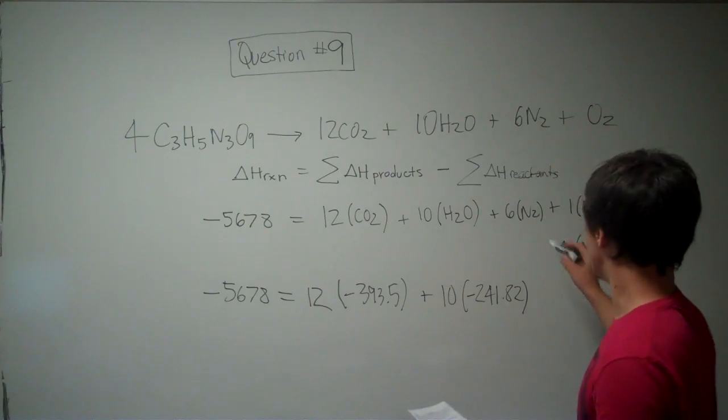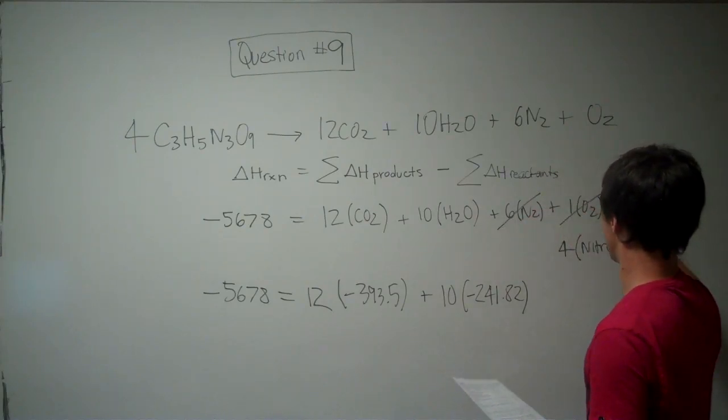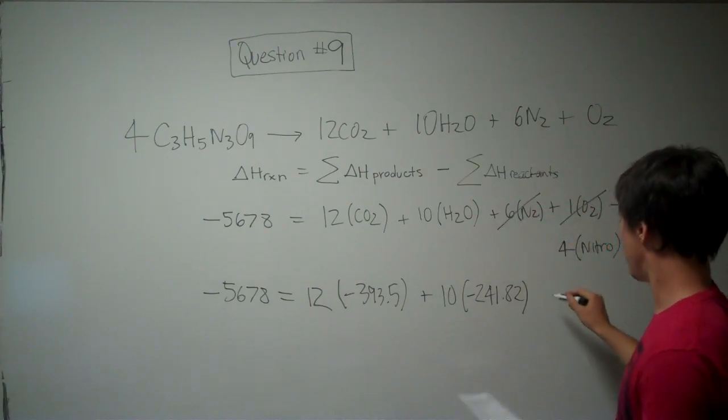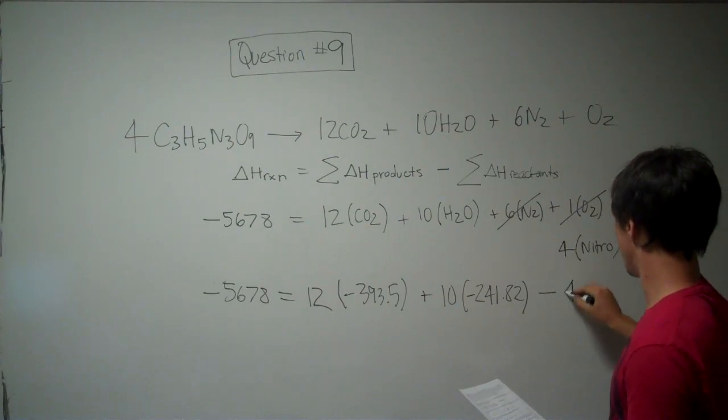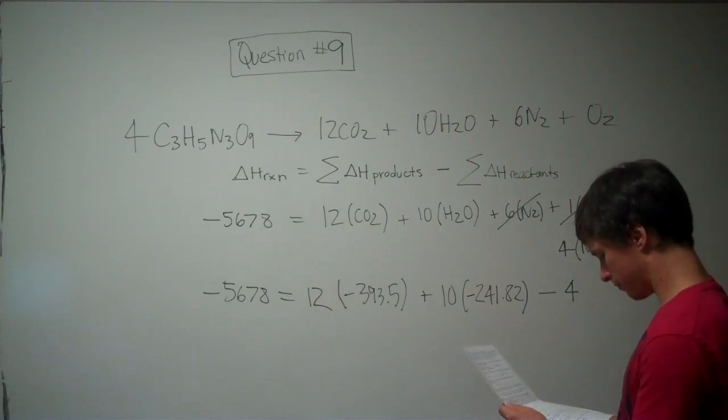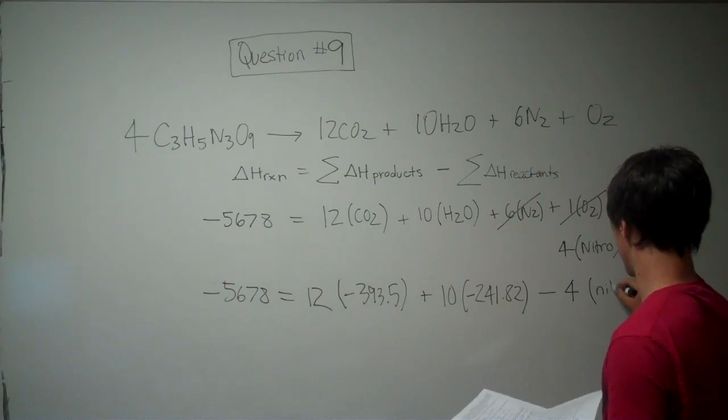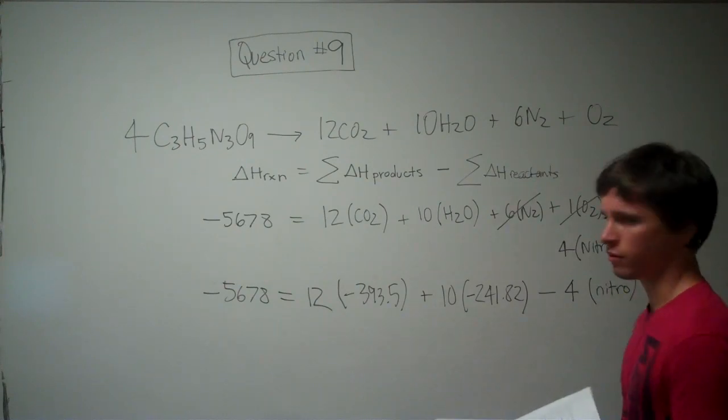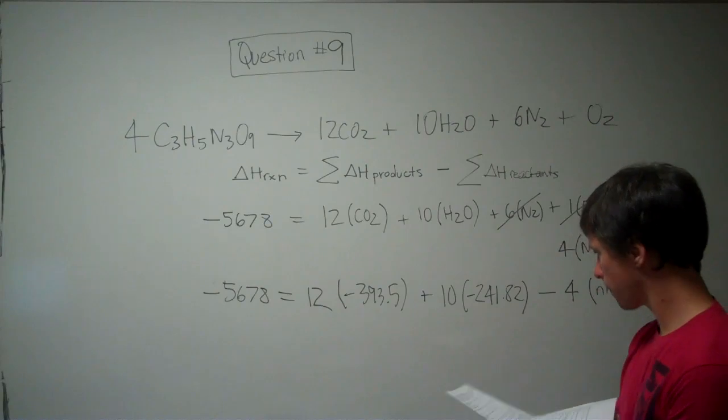And then these two values are just 0 because they're diatomic elements. So minus 4 nitroglycerin. We're solving for nitroglycerin's value, which they did not tell us in the question.